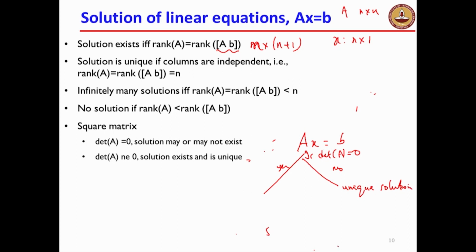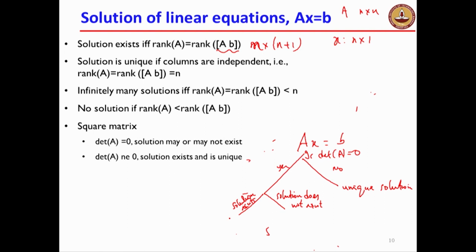If determinant is equal to 0, then there may or may not exist a solution. And if there exists a solution and determinant of A is equal to 0, then there are infinite solutions.